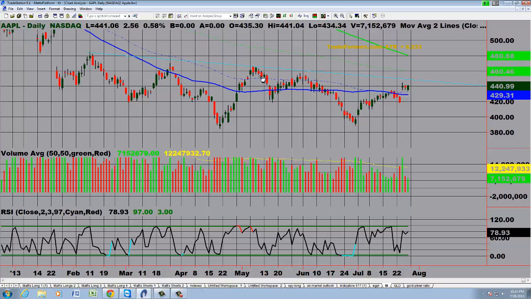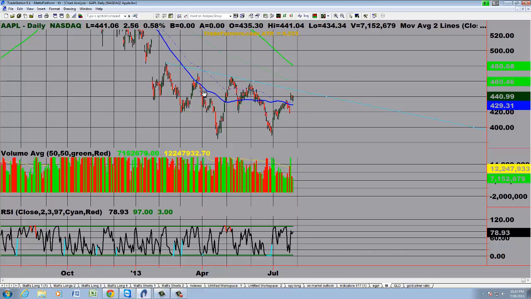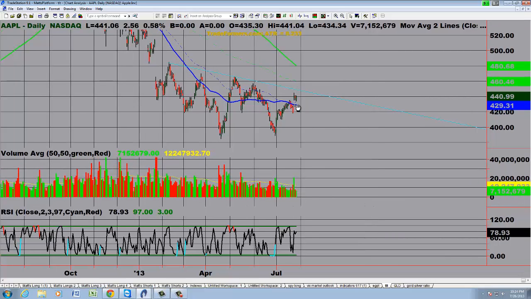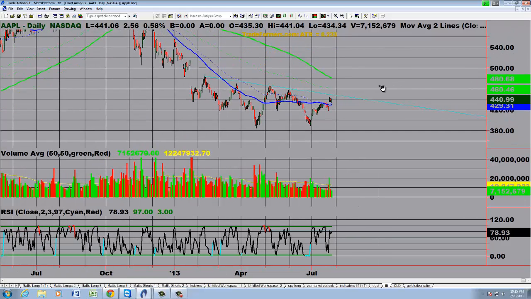Okay, so as you can see, shoulder, head, shoulder. What's most interesting is the action. You can see that the 50-day moving average is flattening out and actually possibly turning up here. So this would be entering a recovery phase, right? If we can get above this trend line here, that would confirm the breakout after the earnings report.